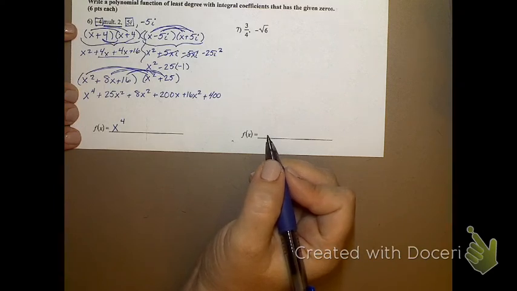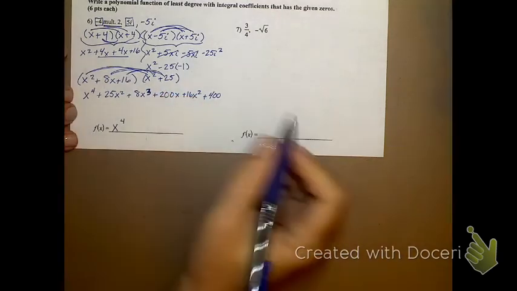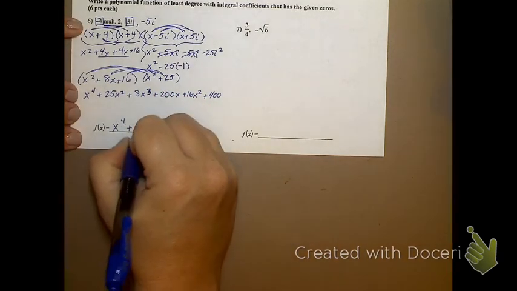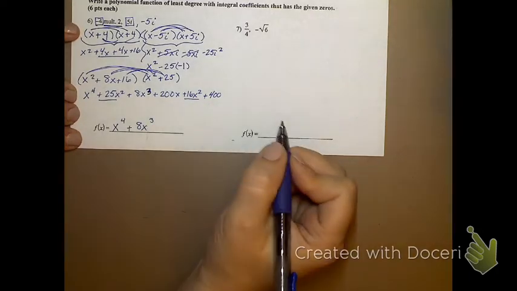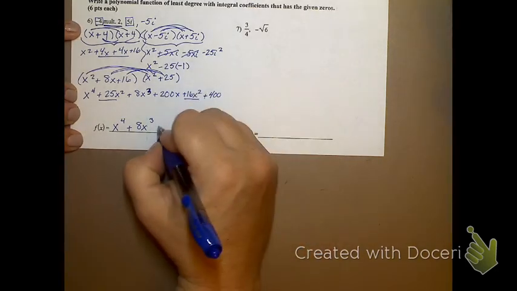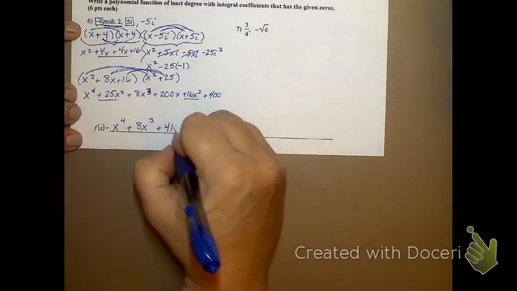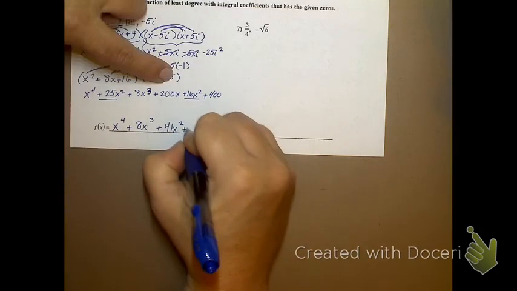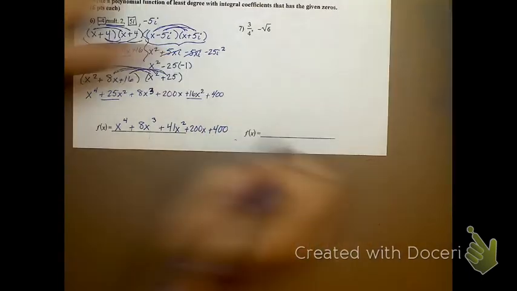I didn't write one of these right. This one's supposed to be x to the 3rd, right? Yeah. All right, so now comes my x to the 3rd. And then how many x squared do I have? 25 plus 16? What is that? 41x squared plus 200x plus 400. That's my answer.